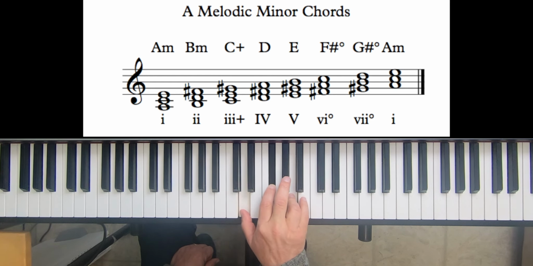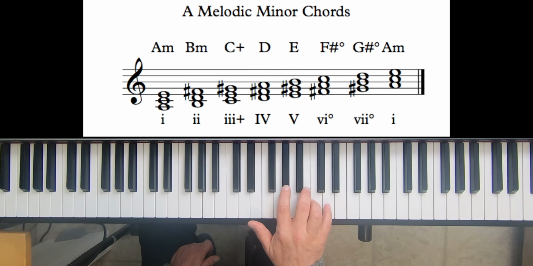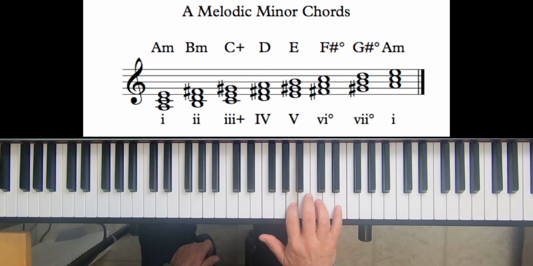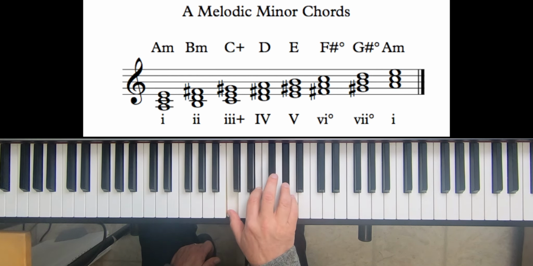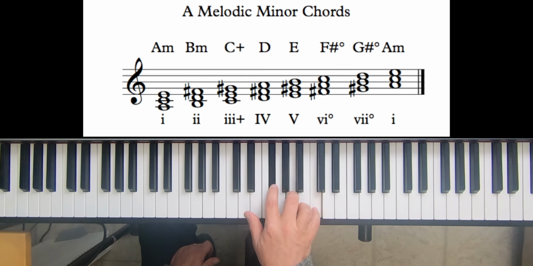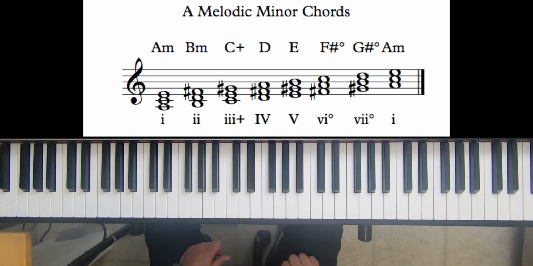That's uppercase Roman numeral 4, E major, uppercase Roman numeral 5, and then here we get F sharp diminished, lowercase Roman numeral 6 with a little circle, and then another diminished chord right after that, G sharp diminished, and then back to A minor. So there are the chords formed on the notes of the melodic minor scale.